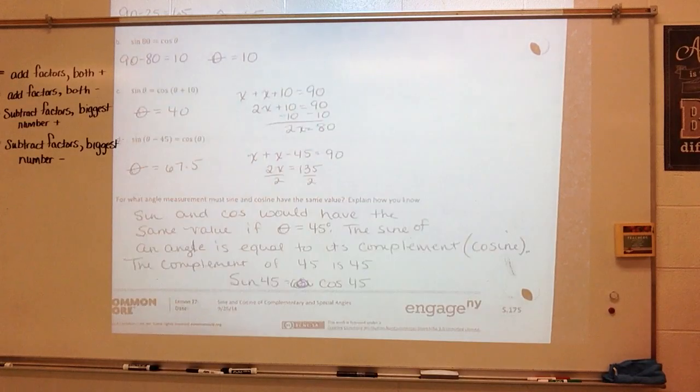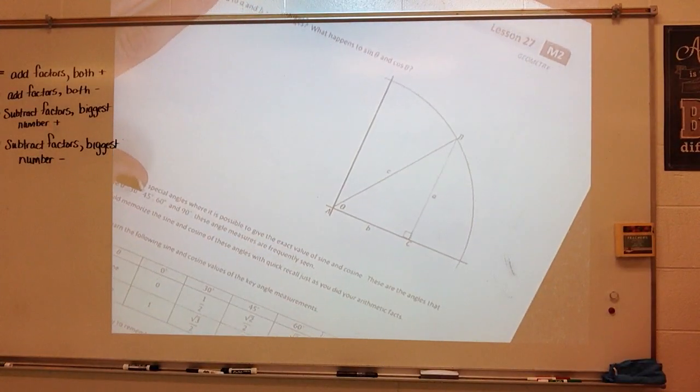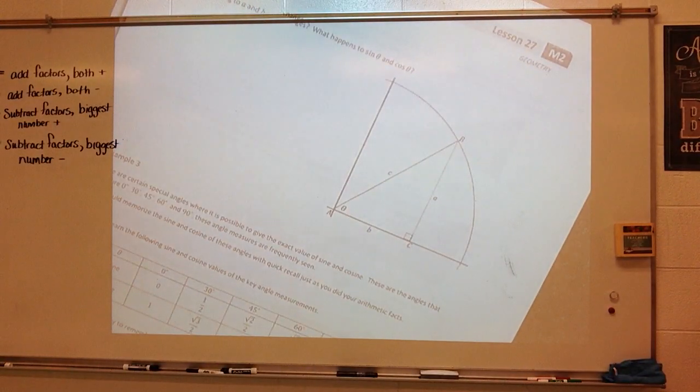So we're going to start looking at special angles that are associated with sine and cosine. We're going to be looking at angle measurements from 0 to 90 degrees. What is happening to A and B as the angle changes?